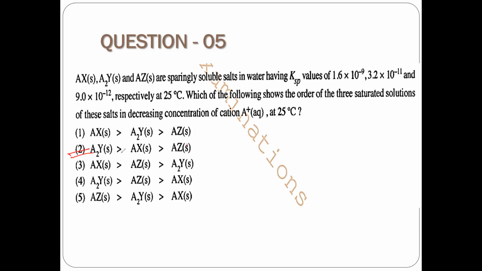So your answer is number 2. Decreasing order: A2Y, AX, AZ. A2Y is 4 into 10 to the power of minus 4, AX is 4 into 10 to the power of minus 5, AZ is 3 into 10 to the power of minus 6. So according to that, I select answer number 2.